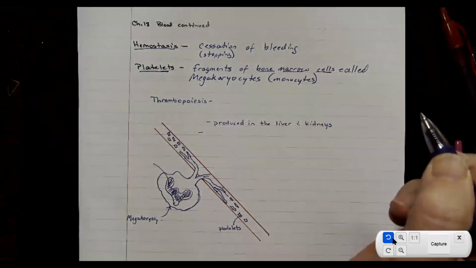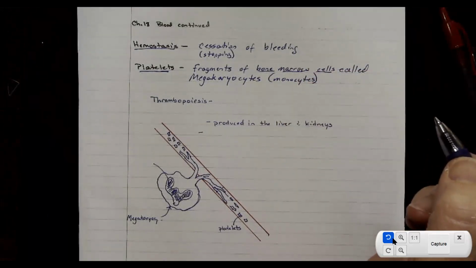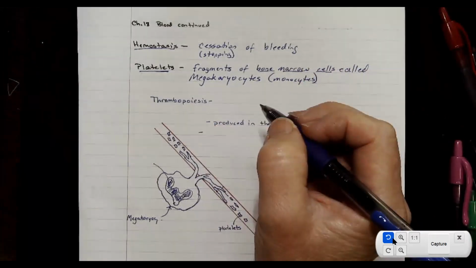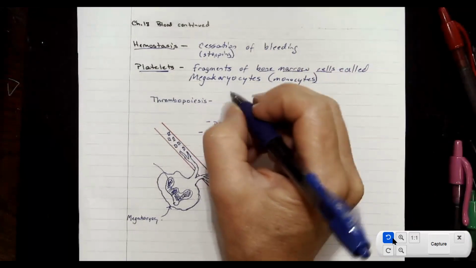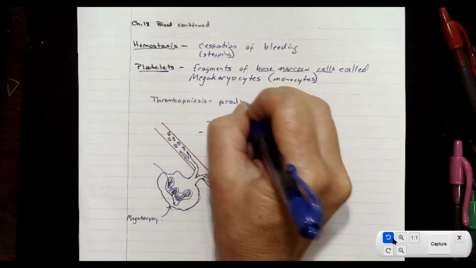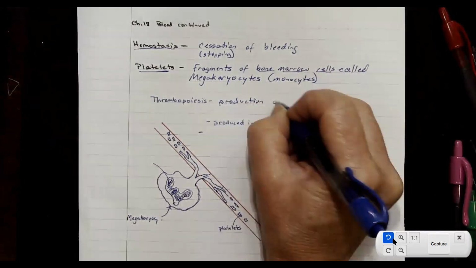Thrombopoiesis is production of platelets. How does this happen?